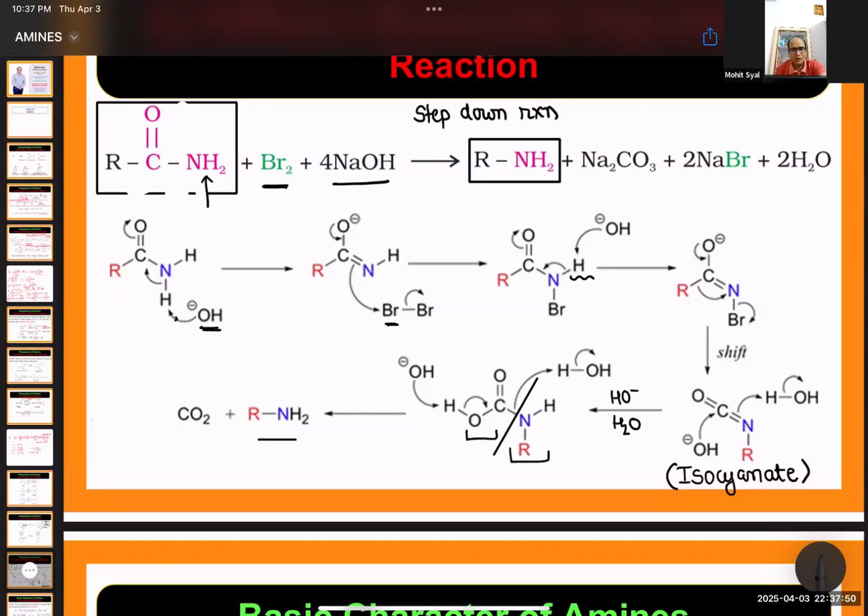The CO2 comes out, and that was the CO2 which was present as C double bond O. So you can observe that you have an amine with one carbon atom less than the parent amide, because the C double bond O of the amide is now liberated in the form of CO2. Got it?